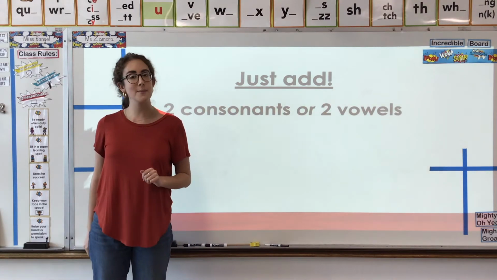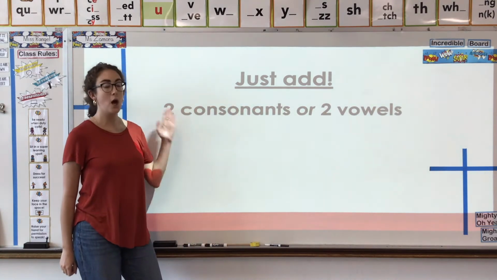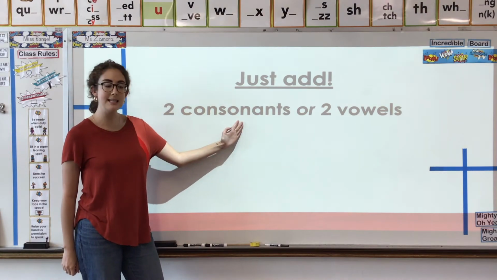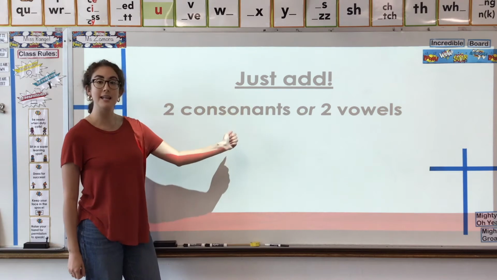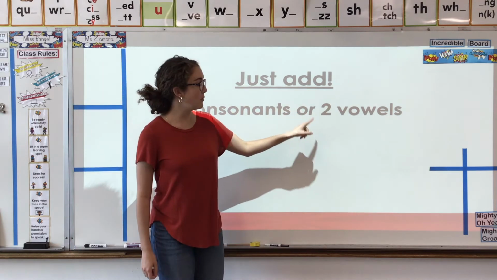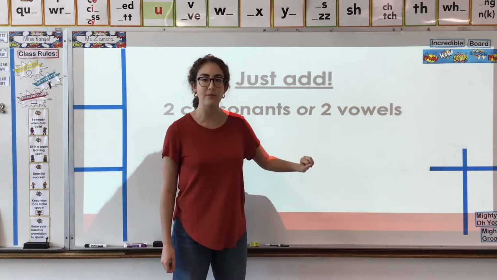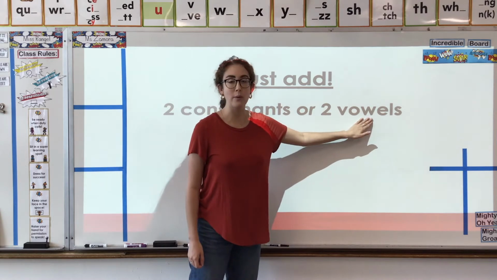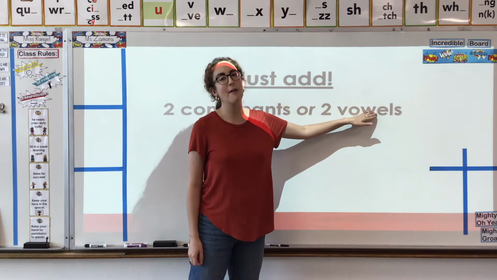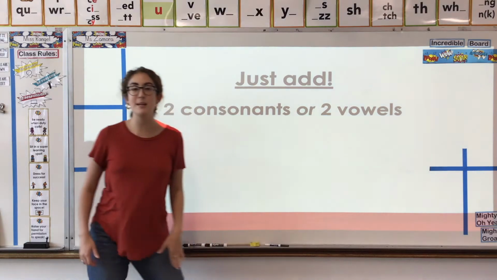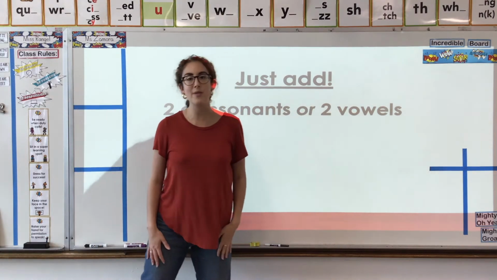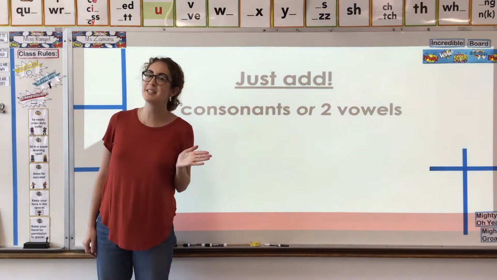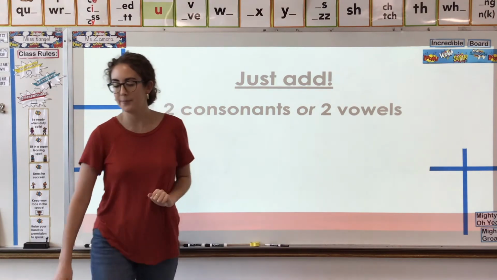And those two circumstances are when we see two consonants at the end of a verb next to each other, or when we see two vowels at the end of a word, which is always a vowel team. So if we see letter pairs, two consonants or two vowels at the end, we know we have the simplest job to just add.